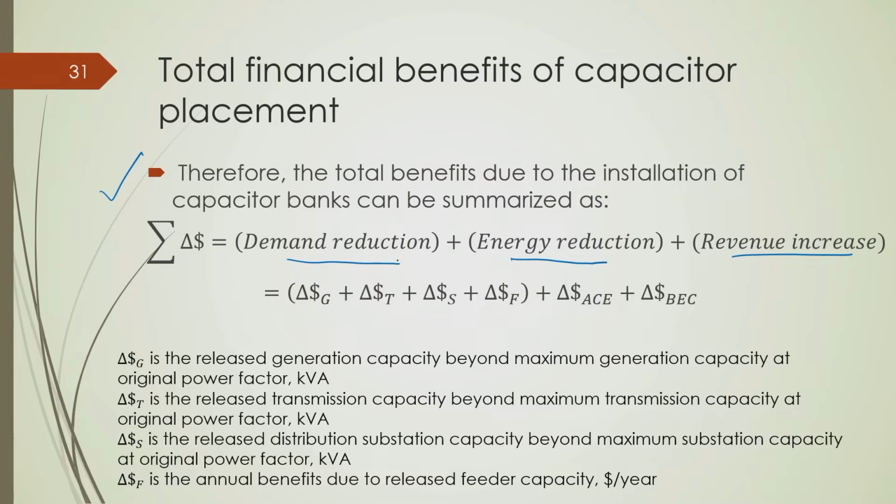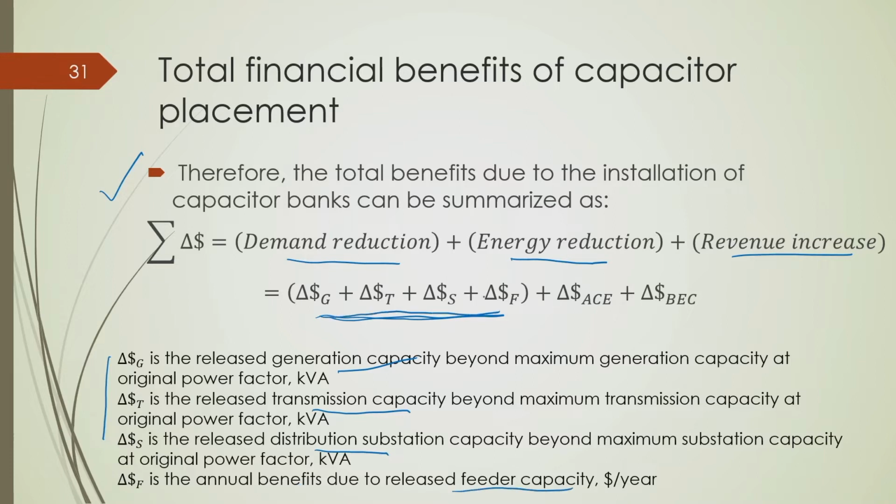Under demand reduction you can see here we have these 4 components, which are basically the released capacities of the individual hierarchical stakeholders, which include generation capacity, transmission capacity, distribution substation capacity, and feeder capacity.